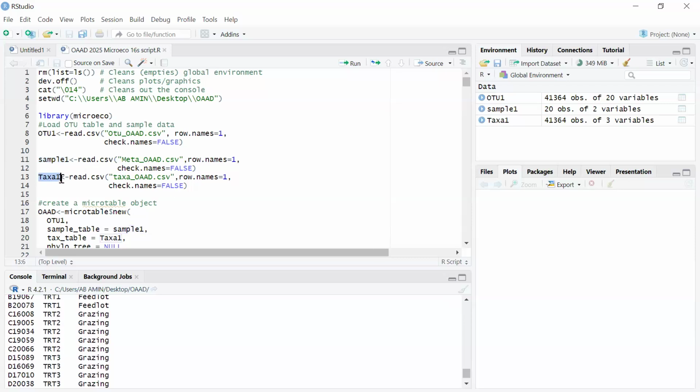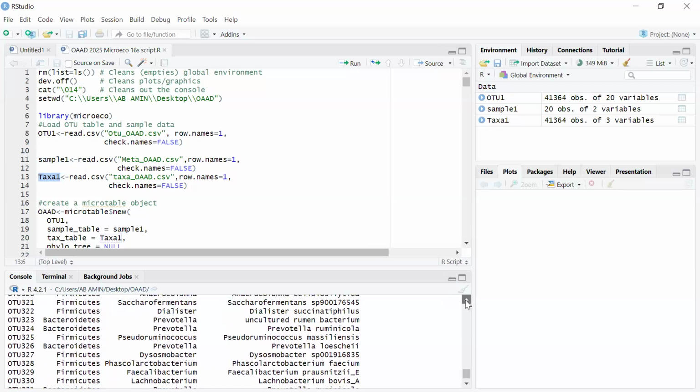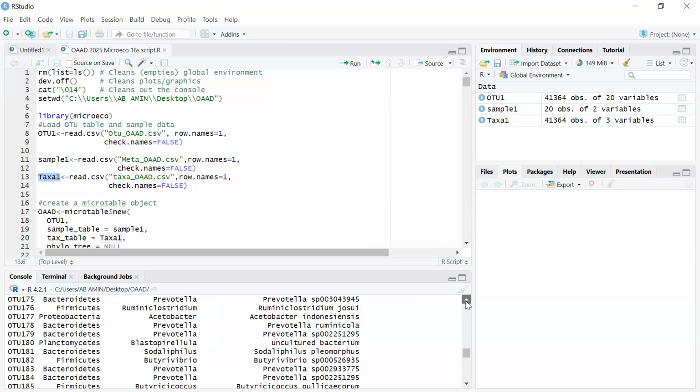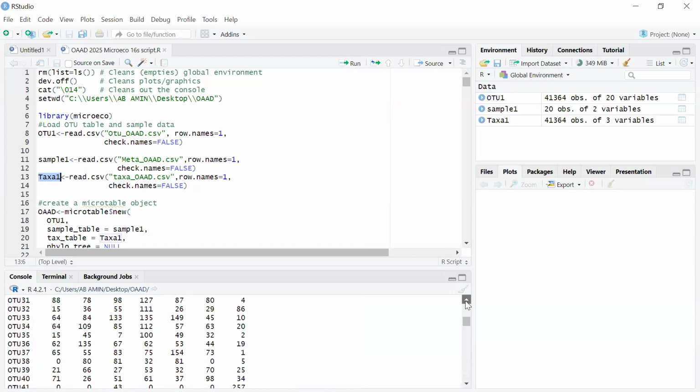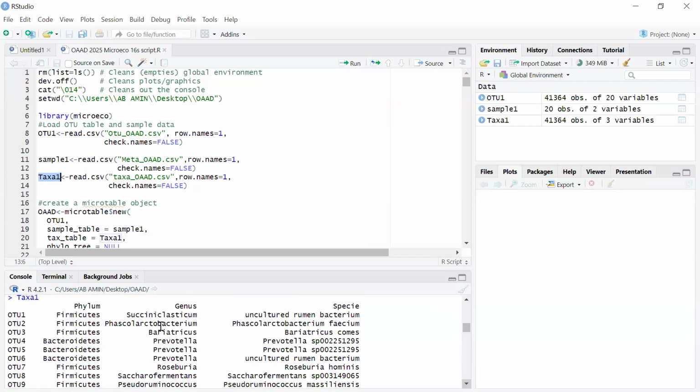And for the taxa, for the purpose of this presentation, I just trimmed it to the 3 most important categories we will be considering: the phyla, the genera, and the species.